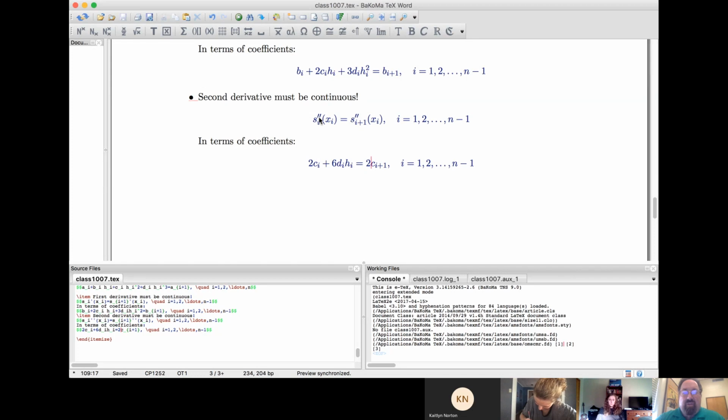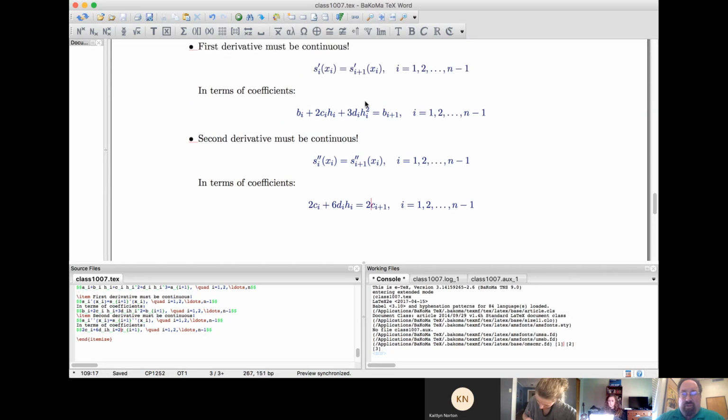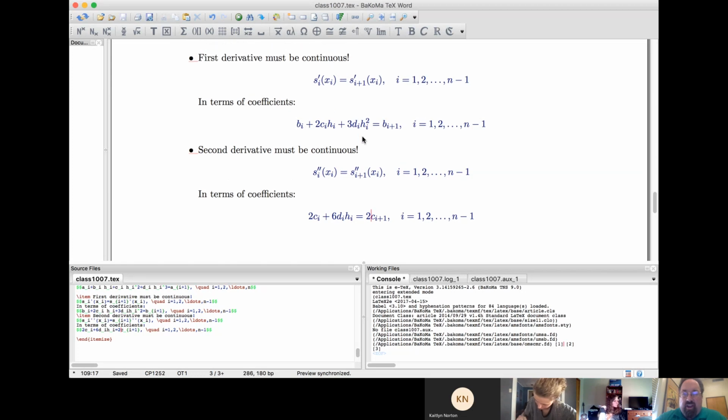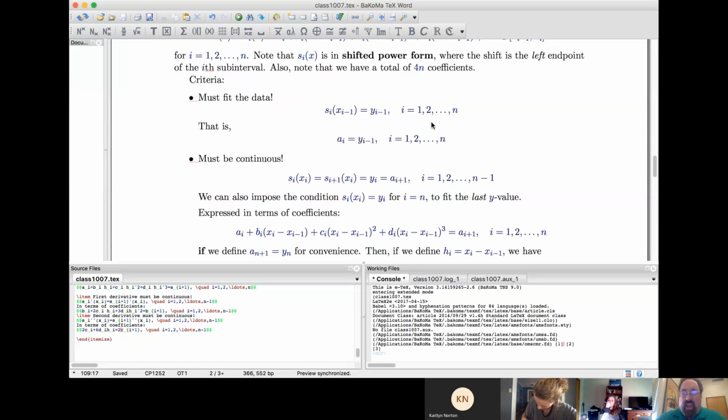Now, okay. So now we have all these criteria imposed on the spline itself: the first derivative and second derivative must be continuous, and it has to fit the data. Now, if we do condition counting, what do we have? We have a total of n here. So that's 2n so far.